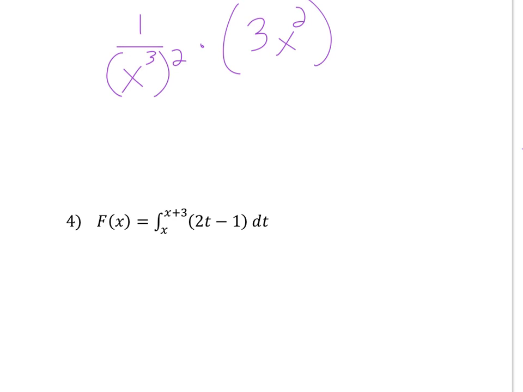And we can go ahead and simplify this out just a little bit. This is going to become 1 over x to the 6th power times 3x squared, and then we can simplify that even more by looking at, well, let's see, x is 6 on the bottom, I've got an x squared on top. That is going to give me 3 on the top over x to the 4th power.